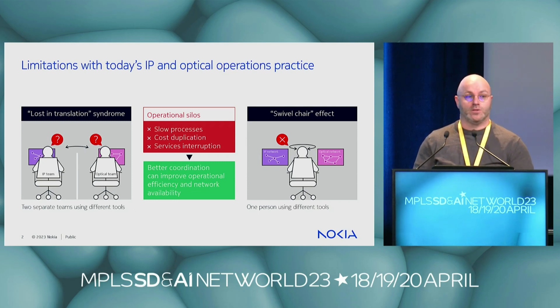With smaller operators, it could be that it's one and the same guy that is first investigating the IP part of the network and will then go on and look into the optical side of the network. But typically still also with different tools, dedicated tools for the IP side, dedicated tools for the optical side. So in either case, a better coordination between the IP layer and the optical layer is really mandatory in order to come to a more efficient way of working and to do troubleshooting inside the network.